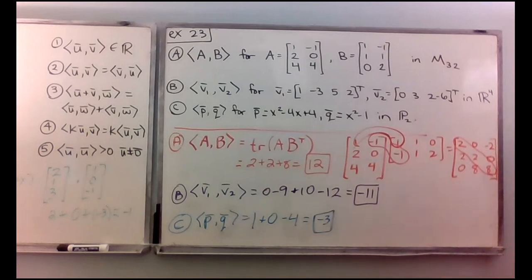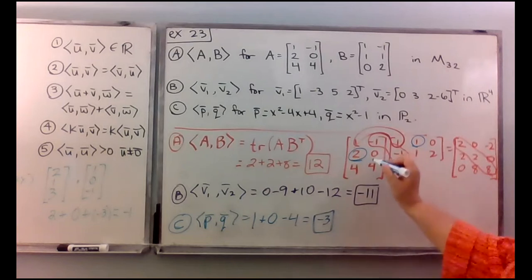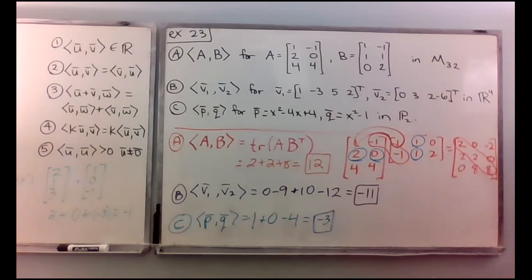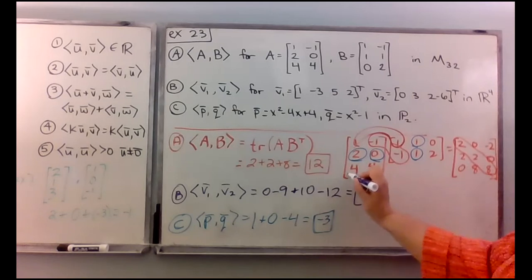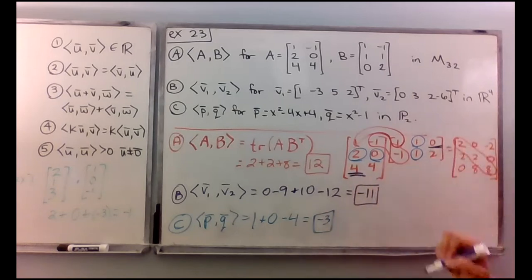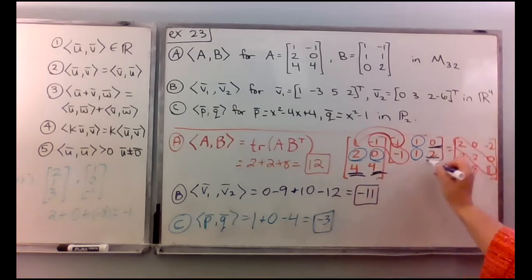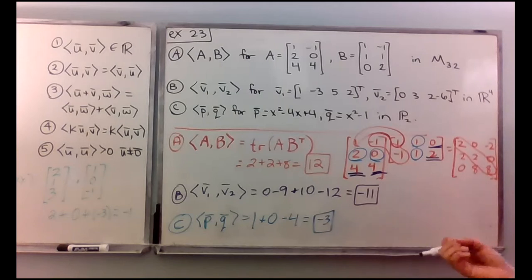If I want to see where the second 2 came from, this 2 here came from multiplying this 2 times this 1 and adding it to this 0 times that 1. So we multiplied those corresponding pieces. And this 8 came from doing this 4 times this 0 and this 4 times this 2, and then adding them up.